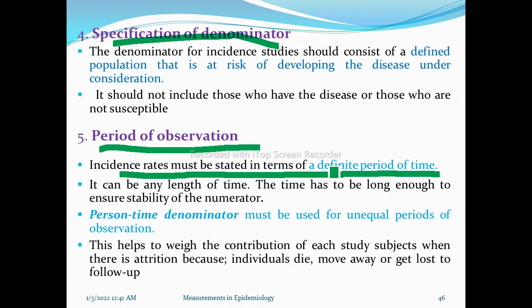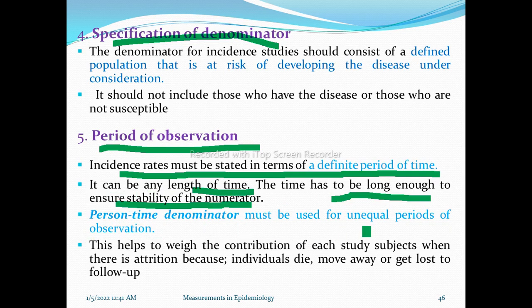The unit, whether it is day or year, should be specified. Also, for how many days or months they should be followed should be identified. To identify that, it is important to understand the natural history of the disease or the follow-up interest. It can be any length of time, but that time has to be long enough to ensure stability of the numerator.